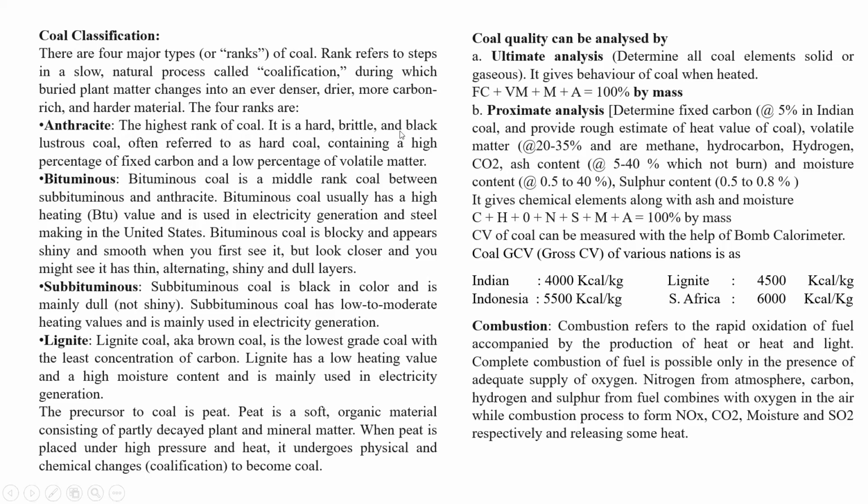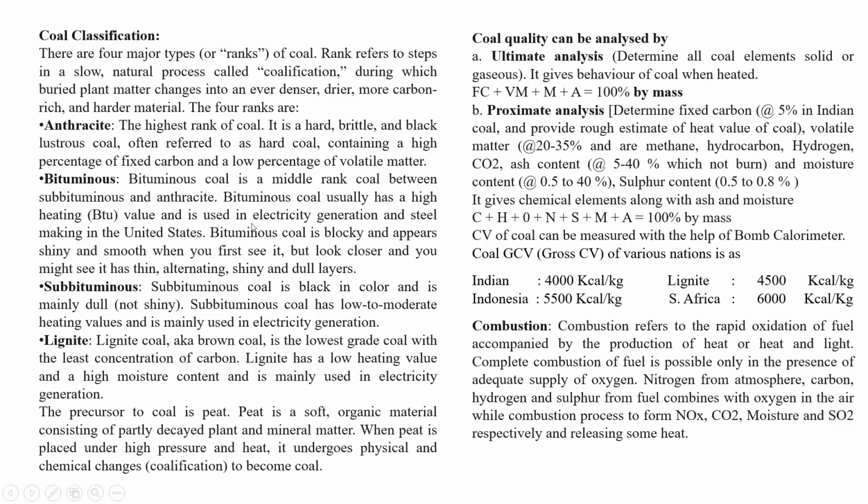It is a hard, brittle, black lustrous coal, often referred to as hard coal, containing a high percentage of fixed carbon and a low percentage of volatile matter, which means it is a little bit difficult to combust. Bituminous coal is a middle rank coal between subbituminous and anthracite.